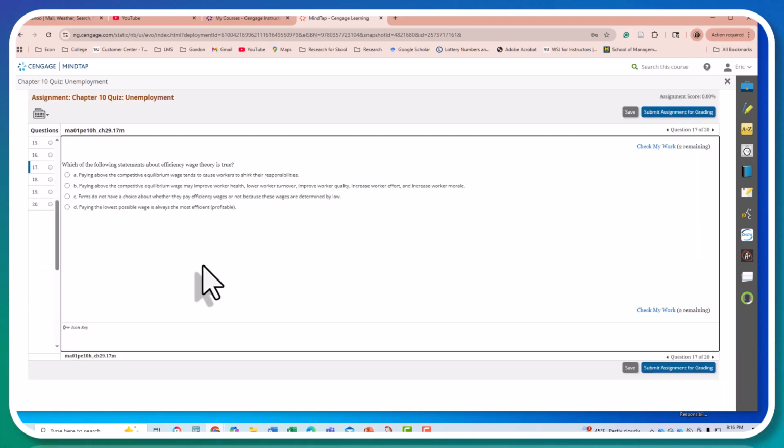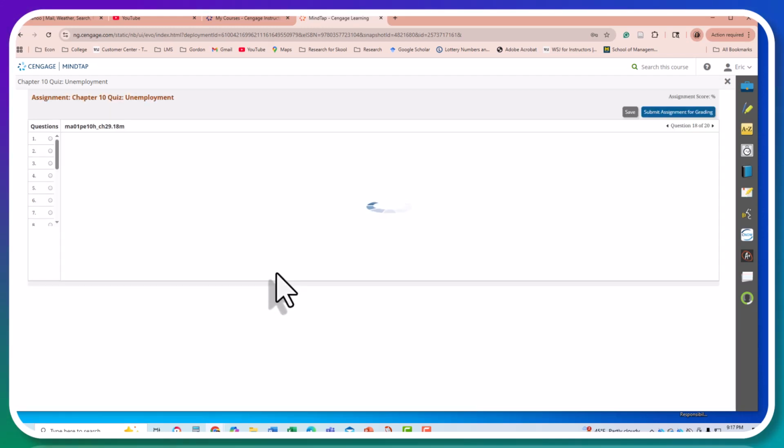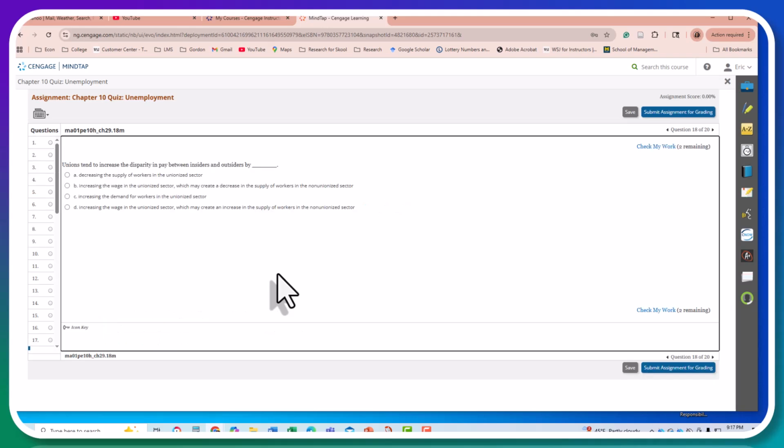Which of the following statements about efficiency wage theory is true? Okay, I'm going to let you go ahead and read that. Paying above competitive equilibrium tends to cause workers to shrink their responsibilities. Yeah, I'm not voting for that one, so I'll let you pick out the other three. Unions tend to increase the disparity between insiders and outsiders by union collective bargaining.